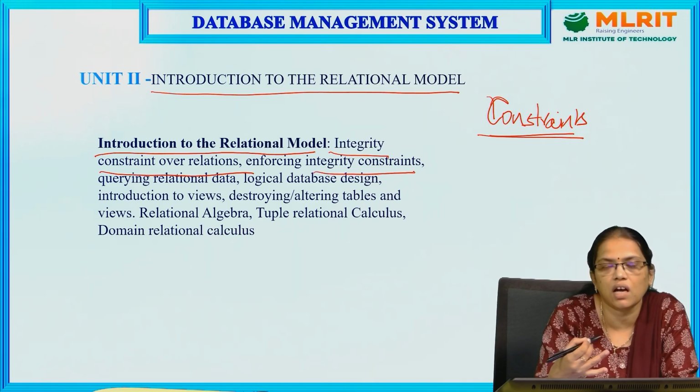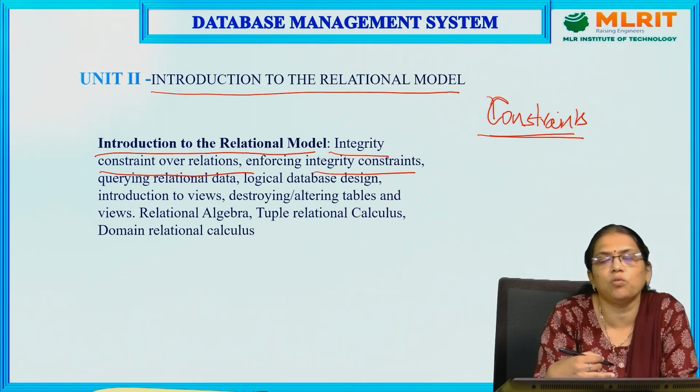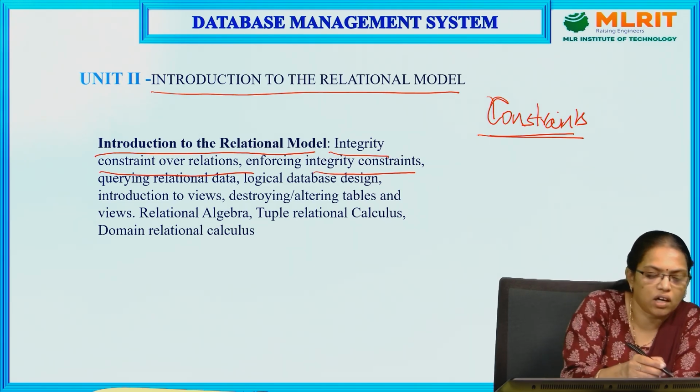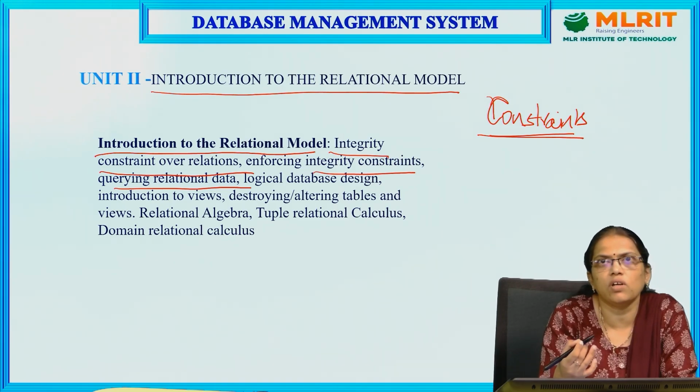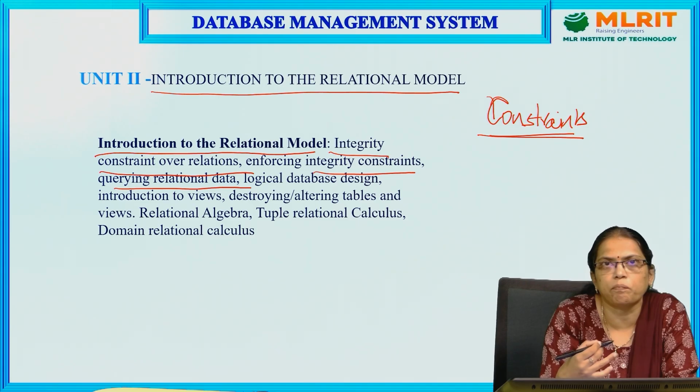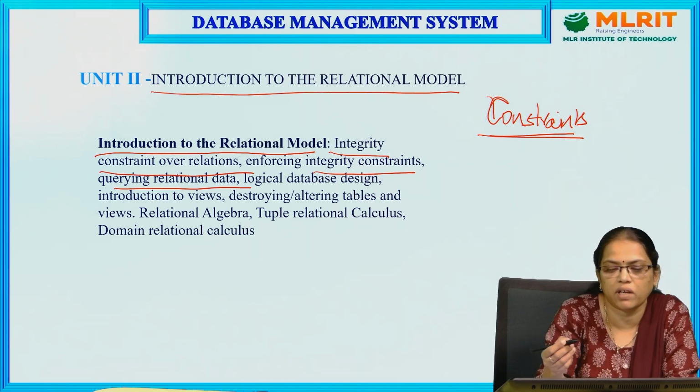That is, in a table, how you assign a primary key, how you assign a foreign key, and how you query a relational database. Integrity constraints are about the keys that we study in the database management system.